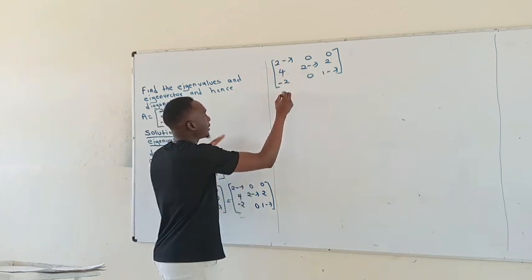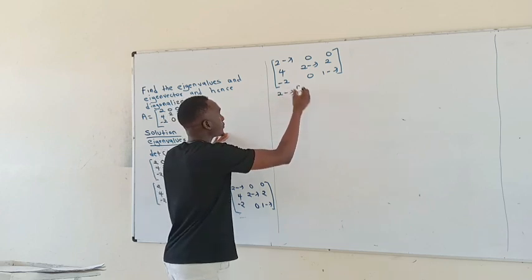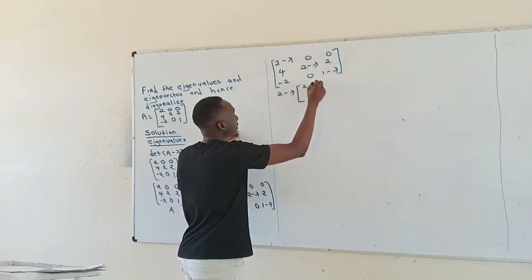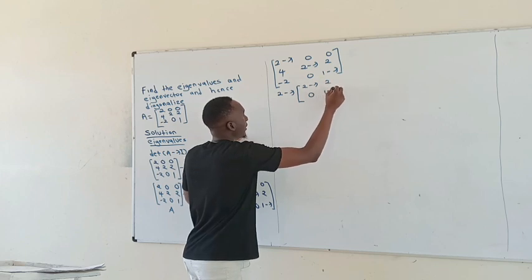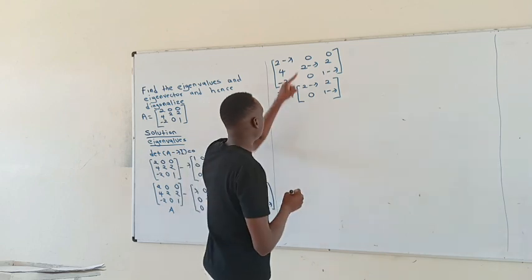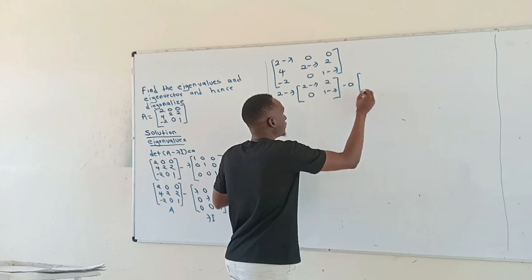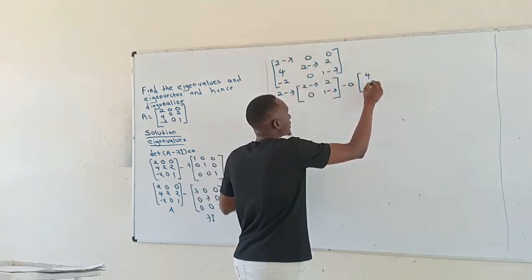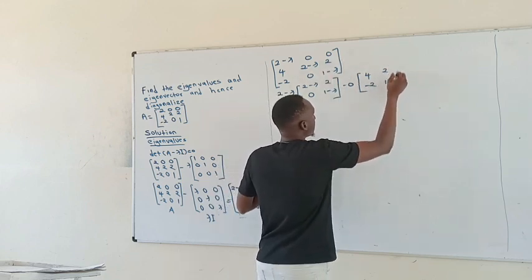Now to find the determinant, we take 2 minus lambda into, we cross the row and the column, then we pick 2 minus lambda, 0, 2, 1 minus lambda. Then we pick 0 minus 0 into, we cross the row and the column, we remain with 4, 2 and negative 2, 1 minus lambda.